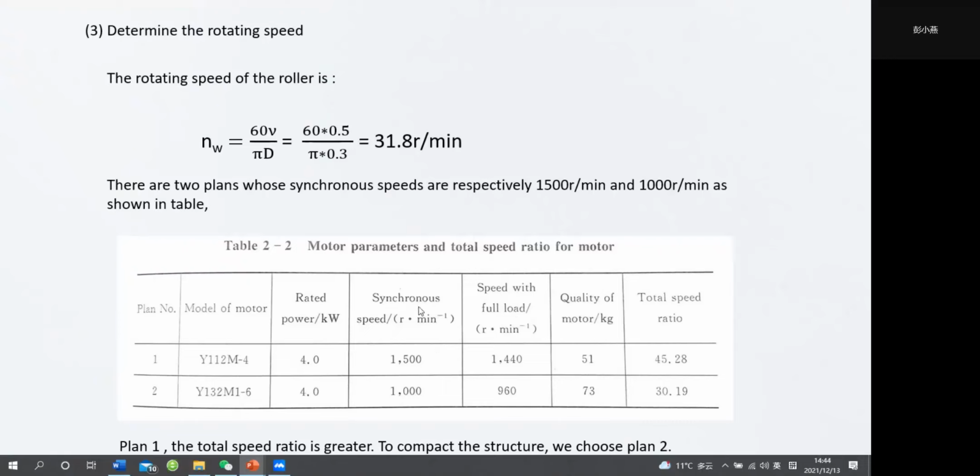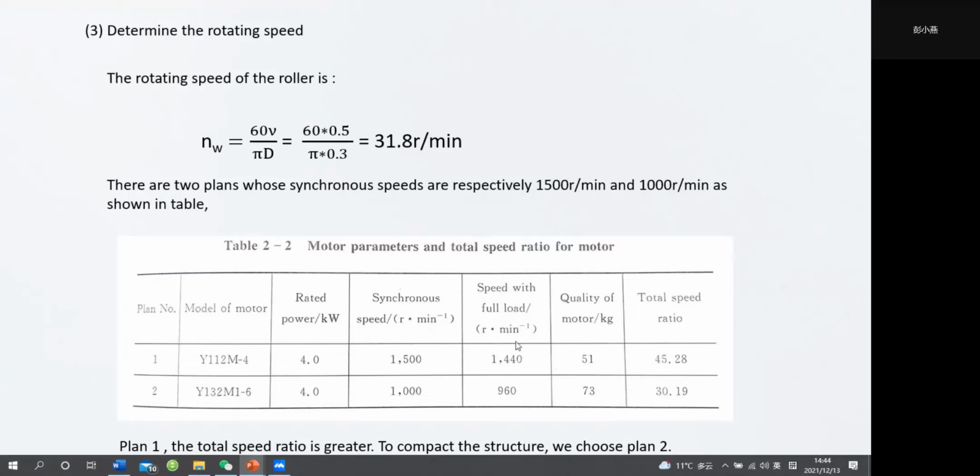And this is the speed of the magnetic field. So does it mean we can say the speed with full load is the real speed, and the other one is the calculated speed?